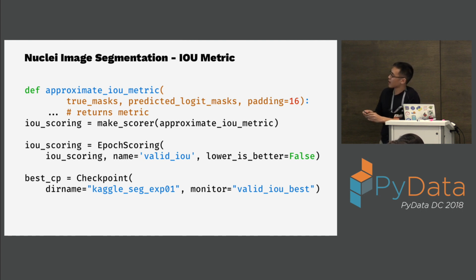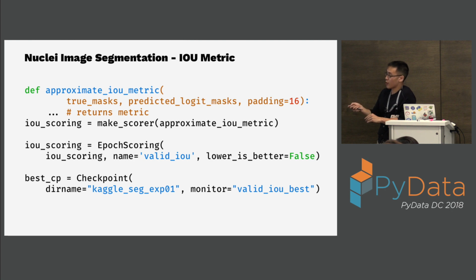I won't go into the details of the approximation. It returns the metric. In this case, I want to call make score to create a scoring object. Now, like we had before, we could define an epoch scoring object with the scorer, give it a name, in this case val underscore IOU, and set lower is better to false. Also, we have a checkpoint.